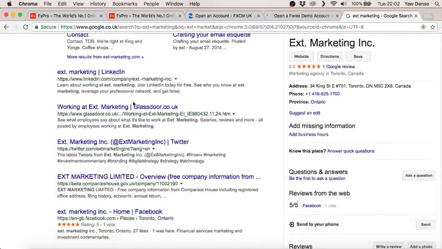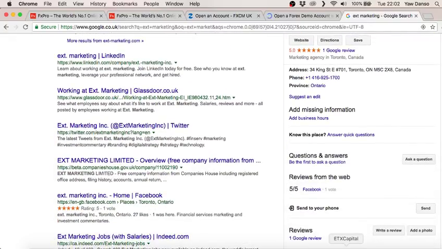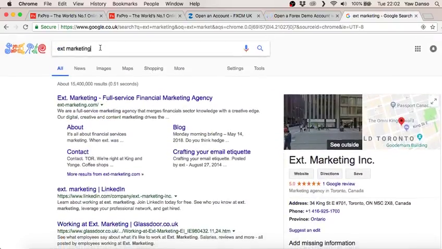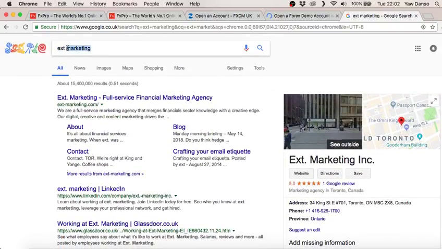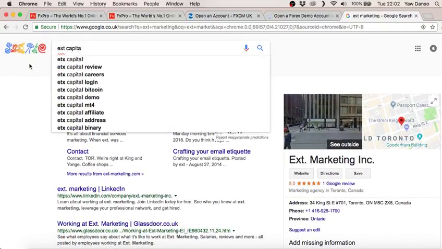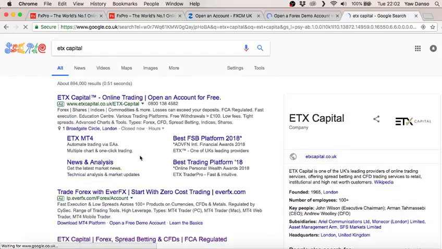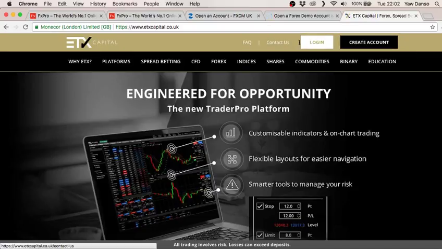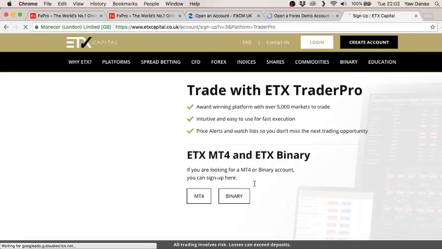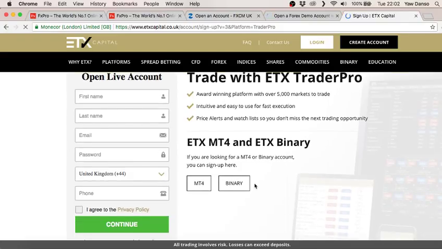Is it ETX? Let me see. Oh yeah, sorry, ETX Capital. That's ETX Capital, and here you can create an account. So these are the four.